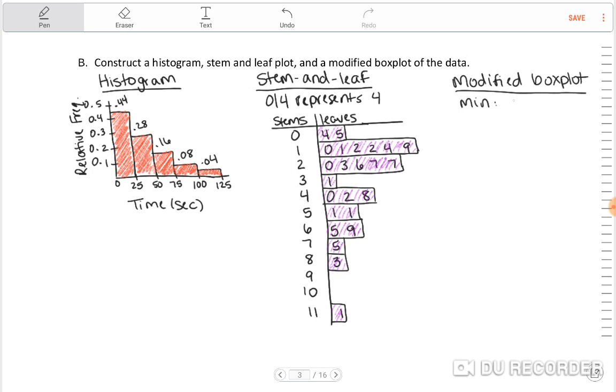So the min is 4, the first quartile, Q1, is 13. The median is 27. The third quartile is 51, and the maximum is 111.